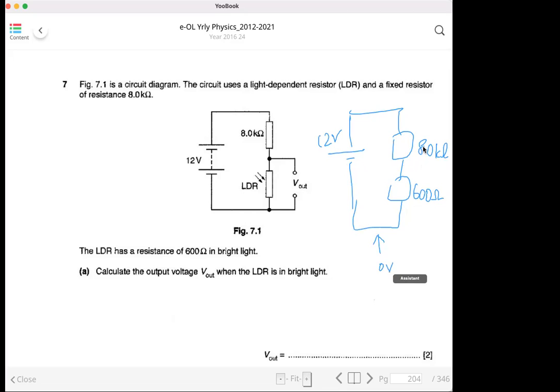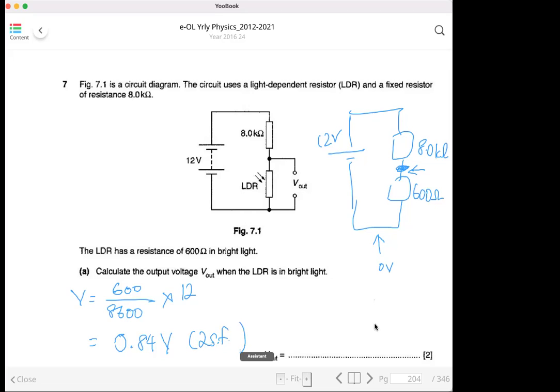At this point here, what is the potential? The potential will be 600 over a total of 8600, multiplied by the entire EMF, which is 12 volt. From here, you should be able to get the answer of 0.84 volt to 2 significant figures. So the answer here will be 0.84 volt.